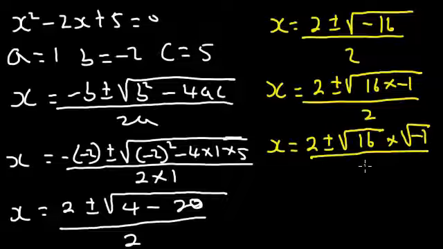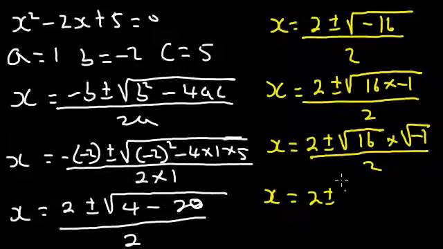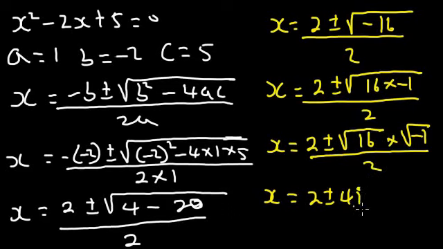We still have division by 2, and x becomes 2 plus or minus the root of 16, which is 4, and we said the root of -1 is i. Everything divided by 2. In fact, this is still not our final answer, as we can still simplify more.